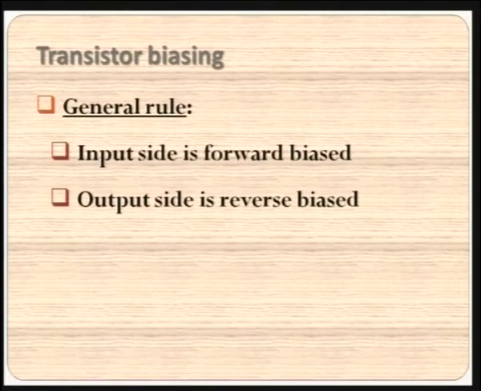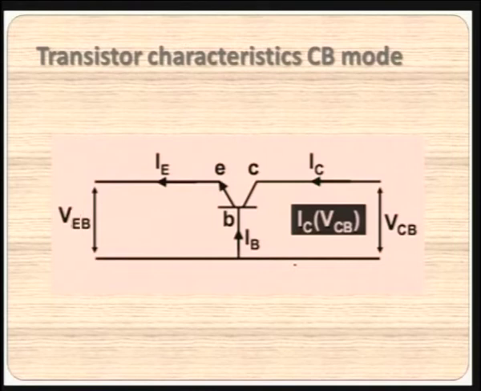Now let us take the case of common base configuration. This is a schematic representation of the characteristics of the transistor in the common base mode. Because we are now familiar with the connections and the biasing conditions with the general rule in mind, I have avoided the power supplies which give the biasing for the input and output side.